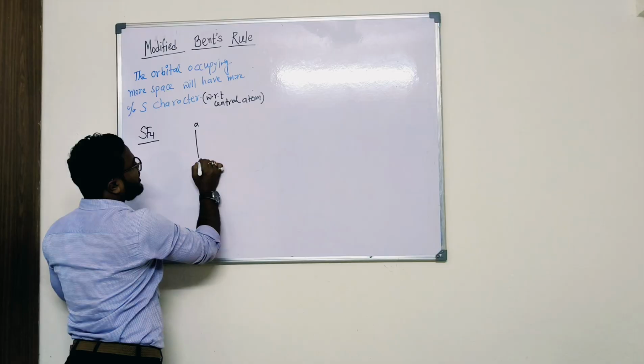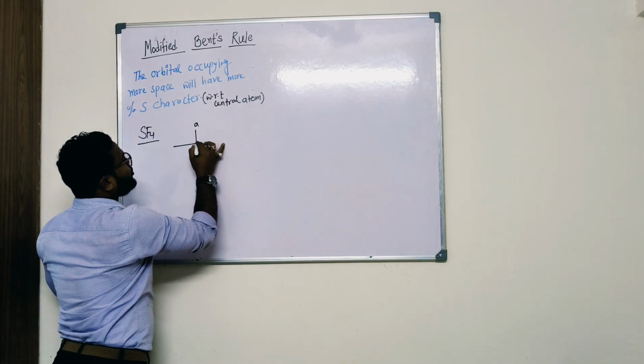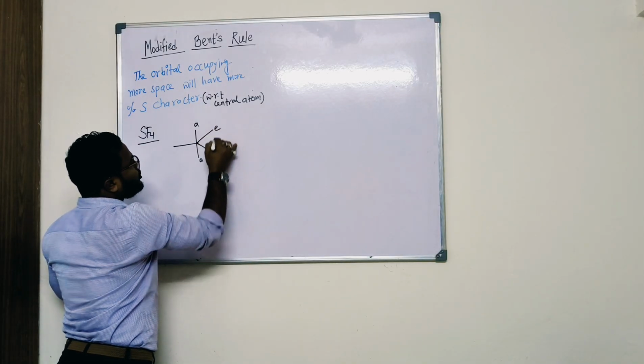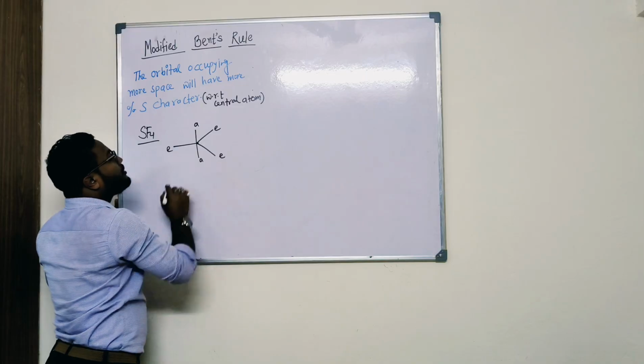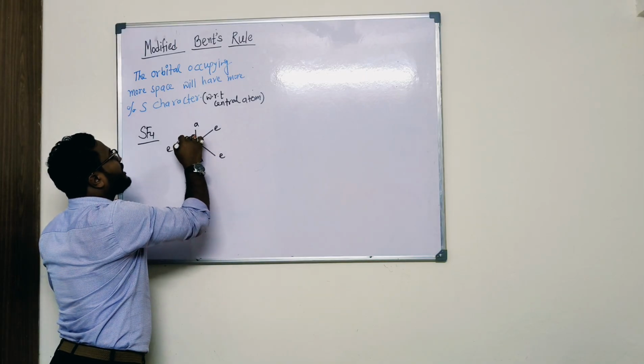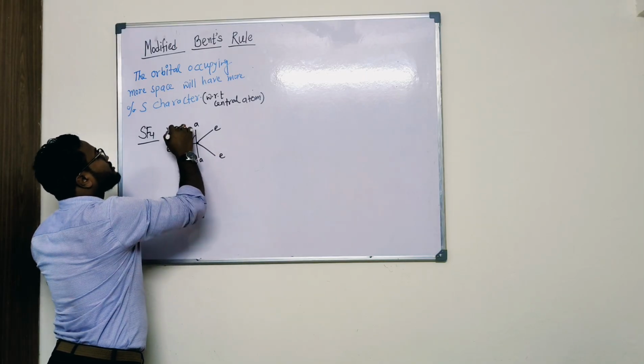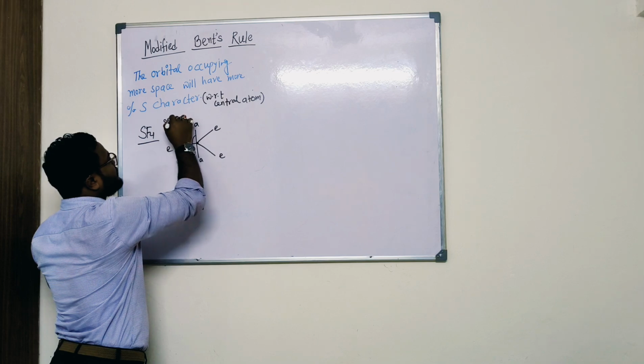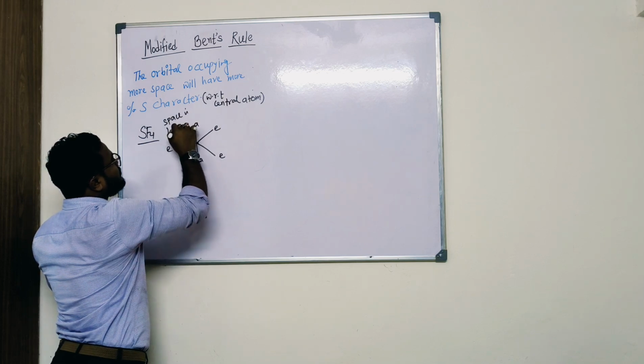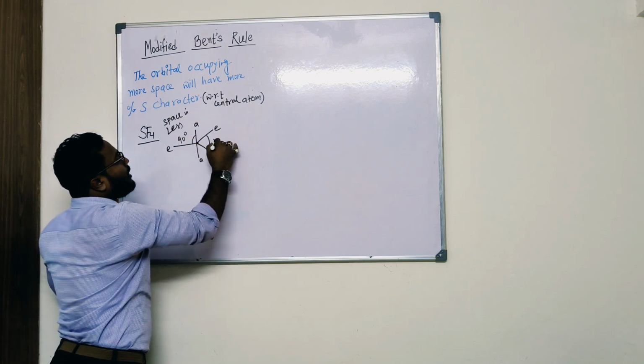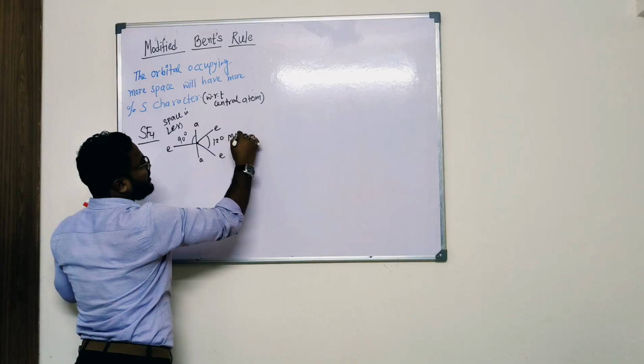We can mark it as A. These positions are our equatorial positions, E. We can check here the angle is 90 degrees, so the space is less. Here the angle is 120 degrees, so more space.